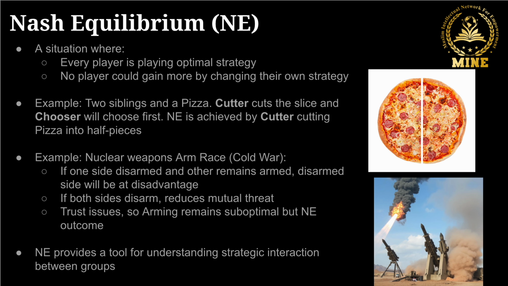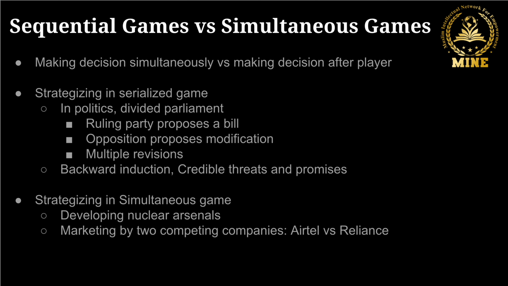Games can also be classified according to whether they are being played simultaneously or one after the other. Some games involve making decisions simultaneously, whereas in other games a decision has to be made after the first player has made their move completely.